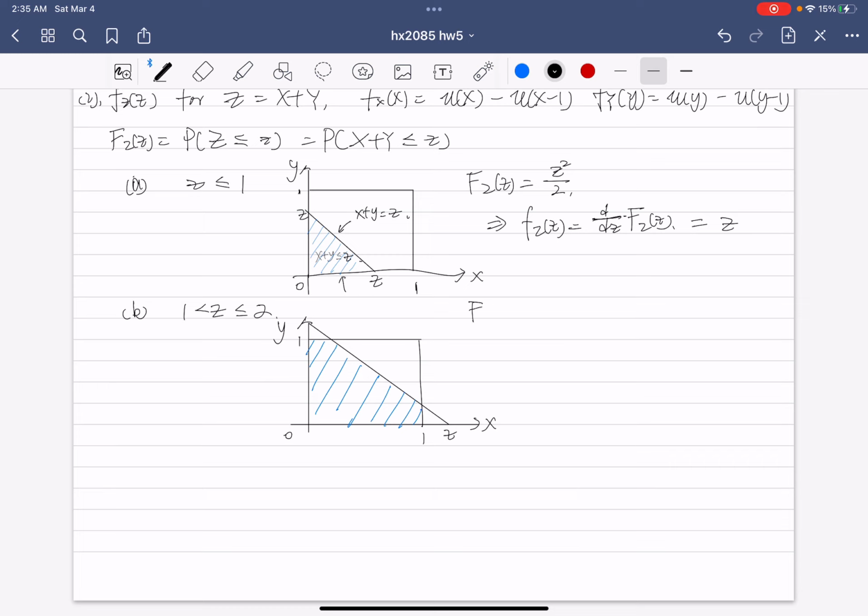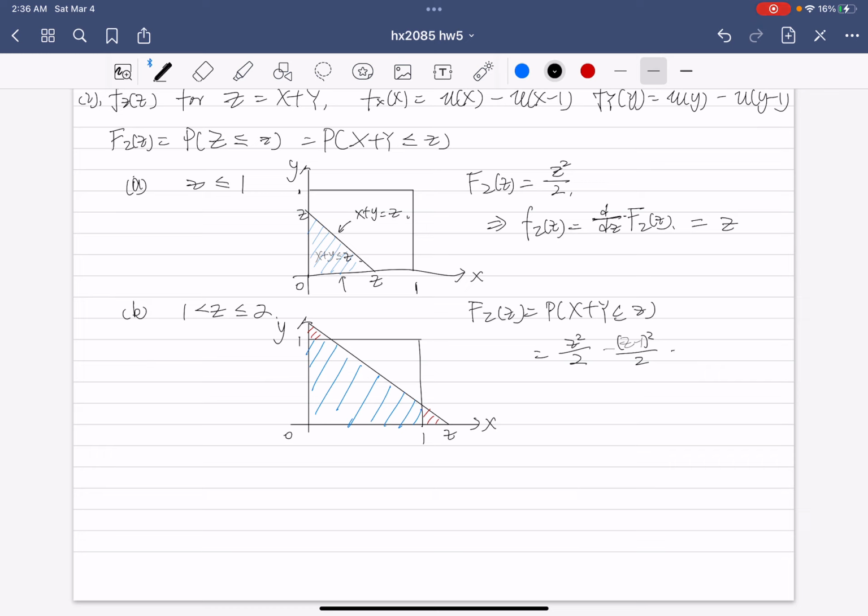The probability distribution function of z is the probability that x plus y is less than or equal to z, which is a large triangle area, z squared divided by 2, minus 2 little triangle areas, which is (z minus 1) squared divided by 2.